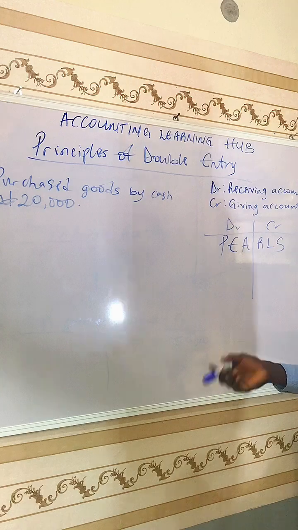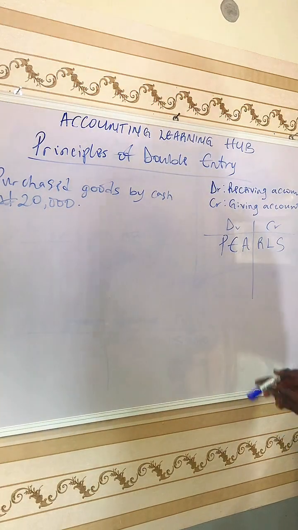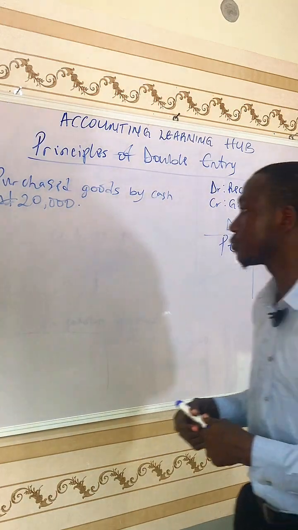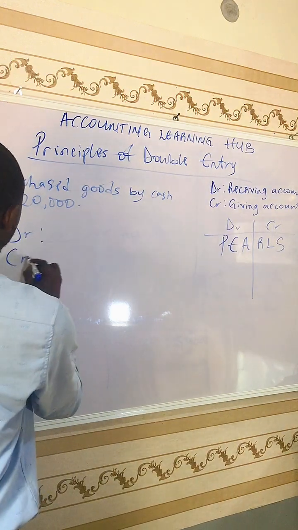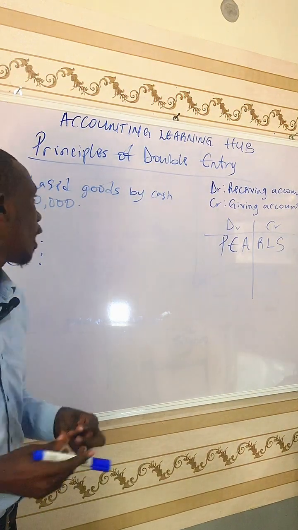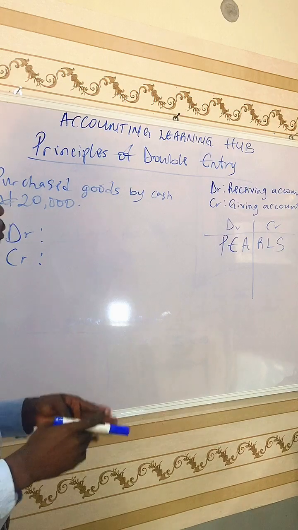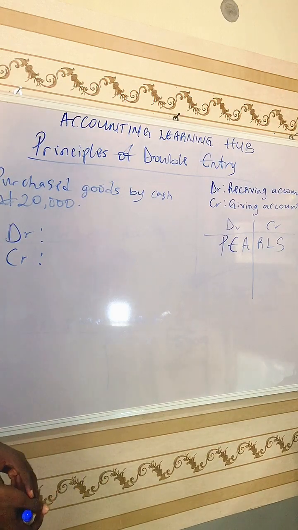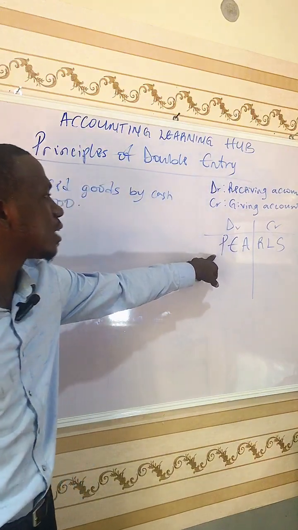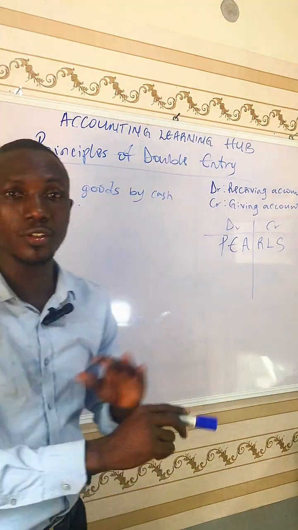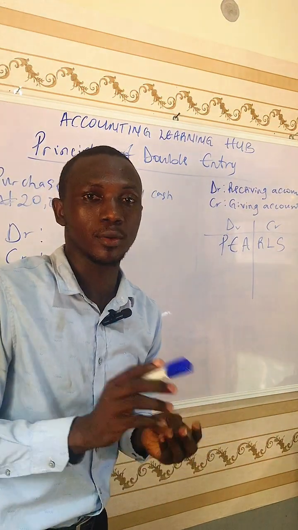Then the next thing is to identify the giving account and the receiving account. So which account are we debiting? Which account are we crediting? From the rules here, the purchases account will be debited. So we don't even have to think a lot about it.